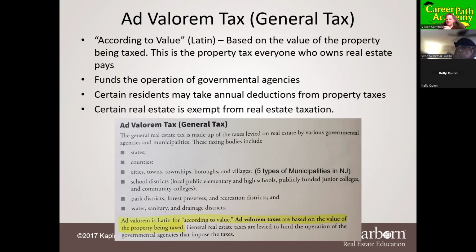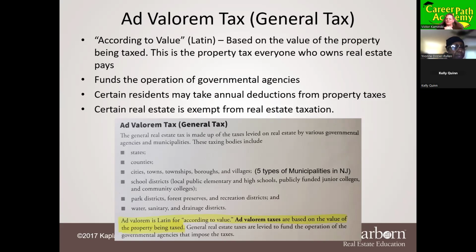states, counties, municipalities. New Jersey has 5 types. We got cities, towns, townships, boroughs, and villages. The schools, the school districts, and unions and public funded junior colleges and community colleges. They don't mention here places like Princeton as well. They still get taxpayer dollars for God knows what reason.